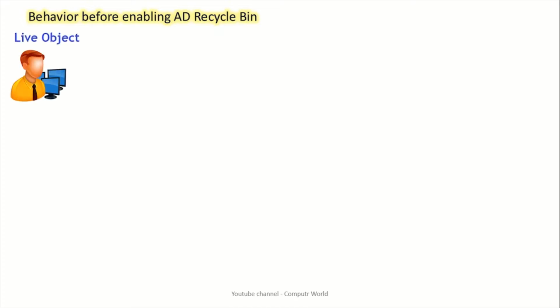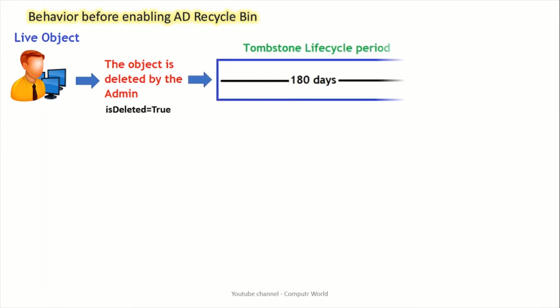So this is a live object. It can be a user, computer, group. Then an admin deletes the object. So the is deleted attribute of the object changes to true. As soon as it changes to true, the object moves to the tombstone lifecycle period, that is 180 days.